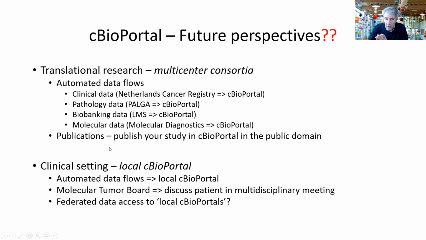If I open the New England Journal of Medicine, I'm always very much annoyed by the beautiful studies that are being described and the painful way of not having access to the data behind it. Wouldn't it be great to publish in the New England Journal of Medicine and then actually say, and this is the cBioportal instance of the study, so you can go there and actually ask your questions on the trial that we published.